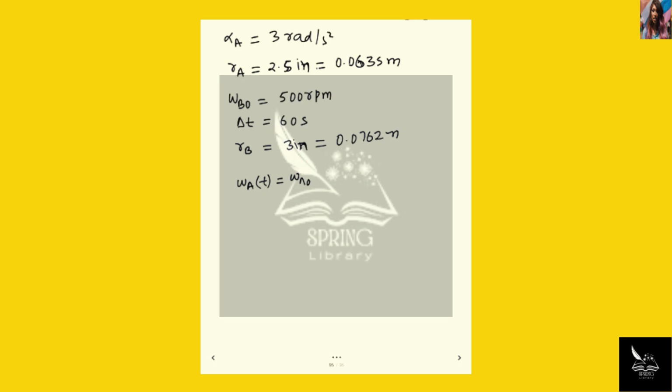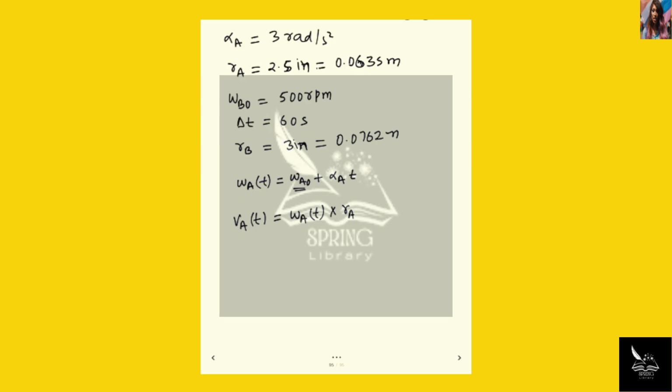Okay, so for the disk A, we can write from the first equation of motion omega A t equals omega A naught plus alpha A multiplied by time t, where omega A naught is the angular velocity of disk A, which is equal to 0. So the linear speed of A, VA t, can be written as omega A t multiplied by RA.